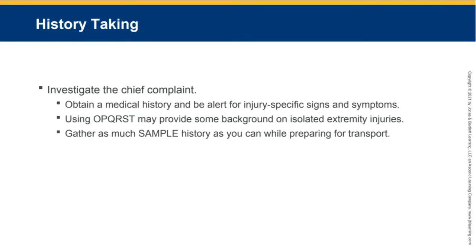Gather as much SAMPLE history as you can while preparing for transport. So if the patient can talk, talk to the patient. Patient not talking, focus on physical findings and your vital signs.